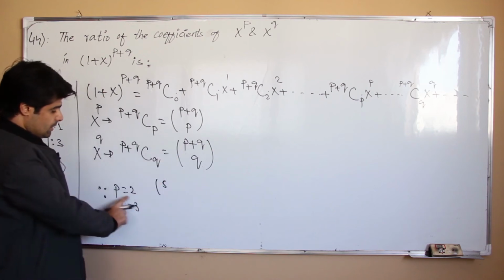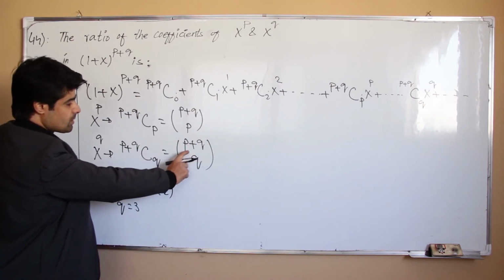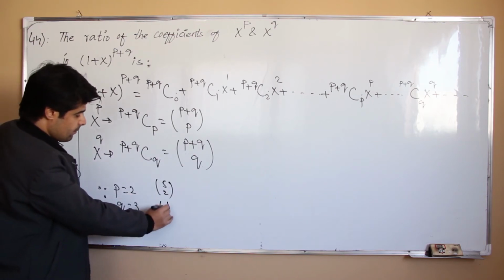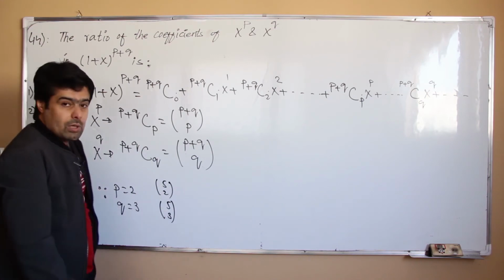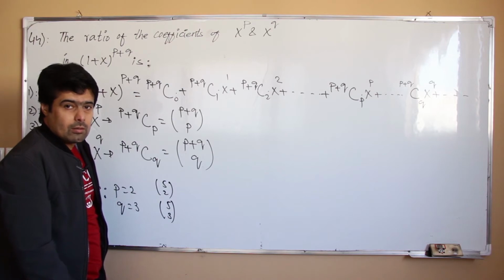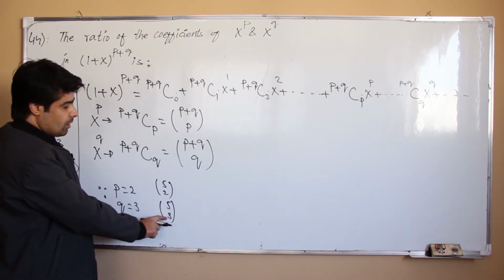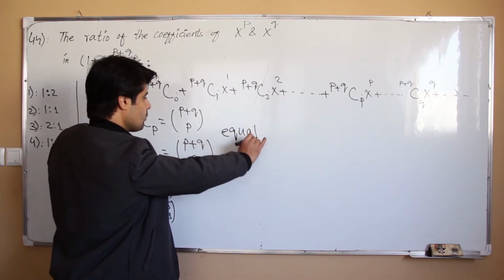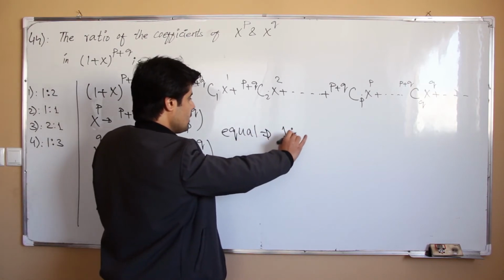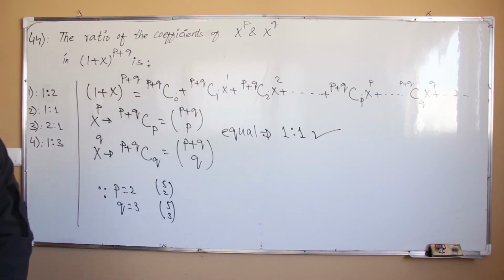With p as 2, it is 5C2, and with q as 3, it is 5C3, and you know 5C2 and 5C3 are equal. Am I right or not? Yes. So they are equal, and if they are equal, the ratio is 1 by 1. I think you've got it. Write it, please.